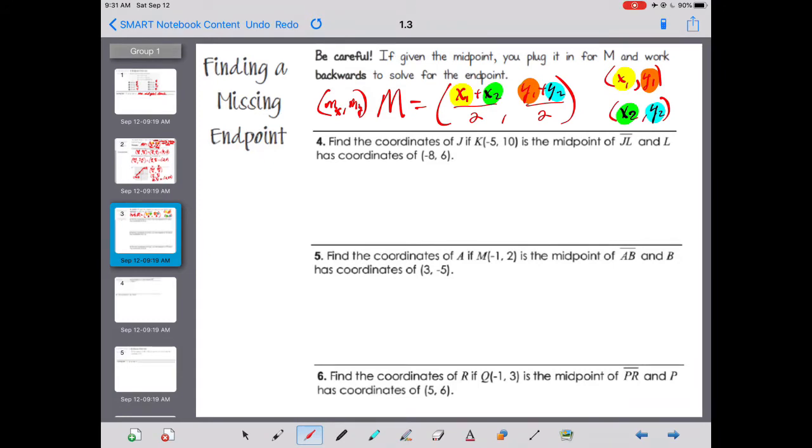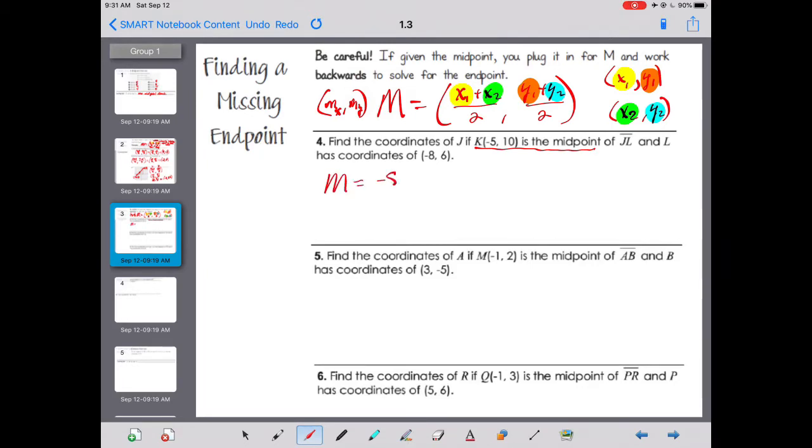So if they give you those, plug them in for those. Find the coordinates of J if K is the midpoint. So this is important. K is the midpoint. So I already know that it's supposed to equal negative 5, 10, right?